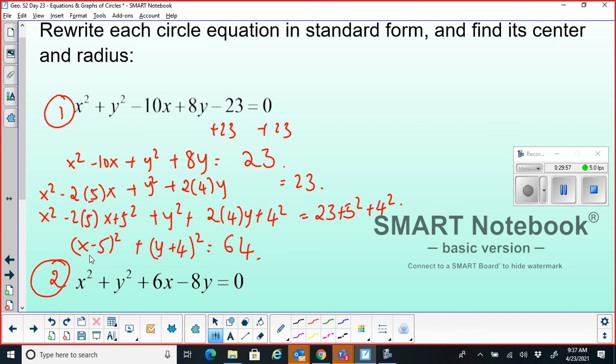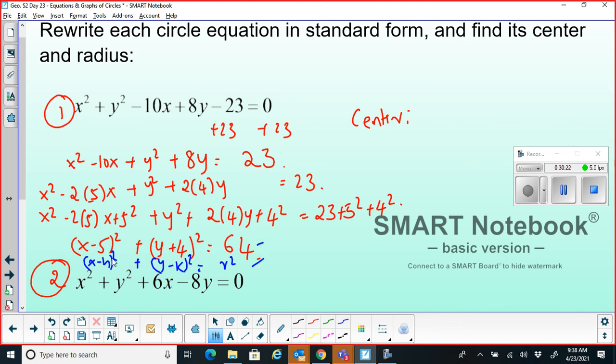Which means here the center is h comma k. We know the formula is in this form, x minus h whole square plus y minus k whole square equals r square.